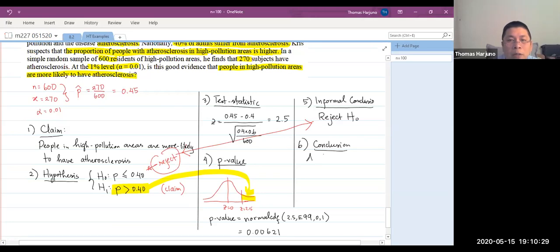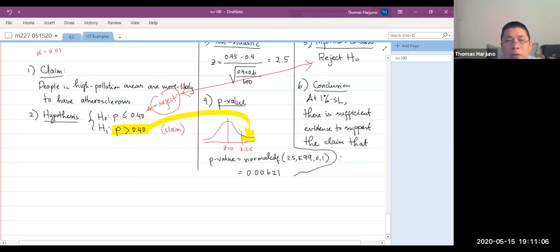So at 1% significance level, there is sufficient evidence to support the claim that people in high pollution areas are more likely to have atherosclerosis.